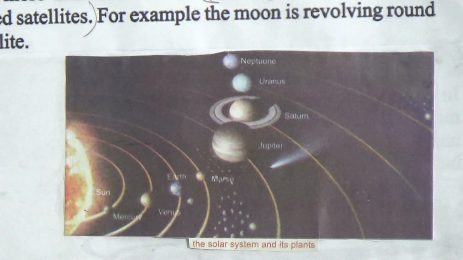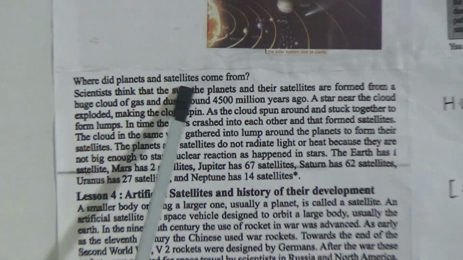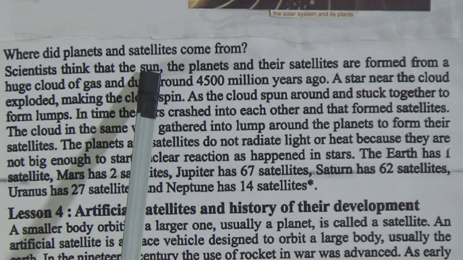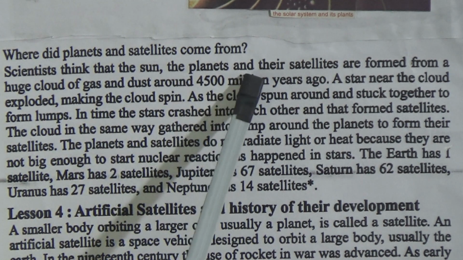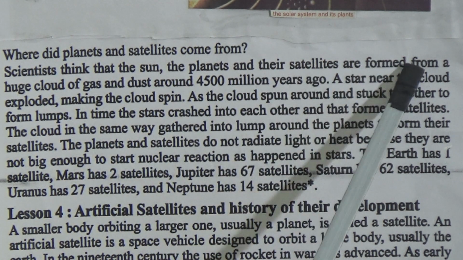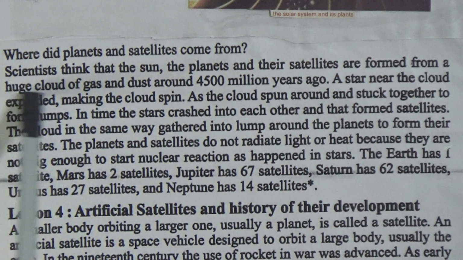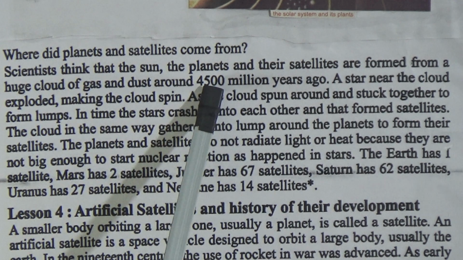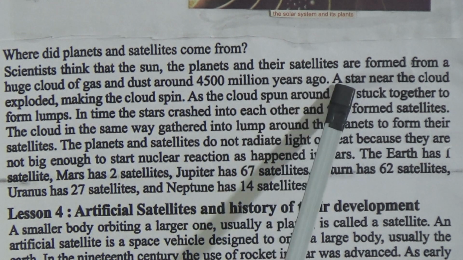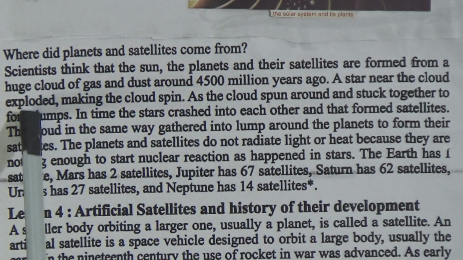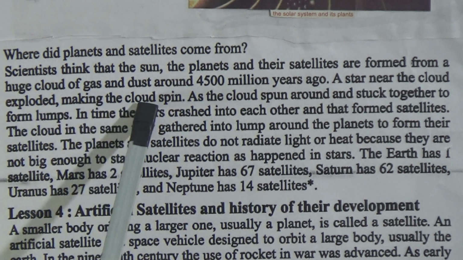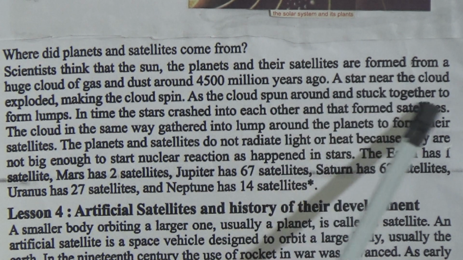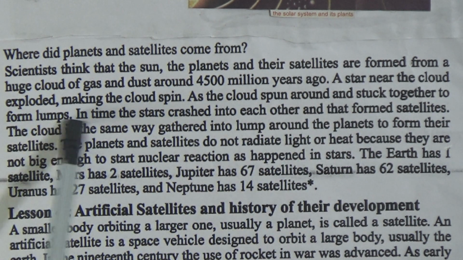Now we will discuss where these planets and satellites come from. Scientists think that the Sun, the planets and their satellites formed from a huge cloud of gas and dust around 4,500 million years ago. A star near the cloud exploded, making the cloud spin. As the cloud spun around, it stuck together to form lumps.